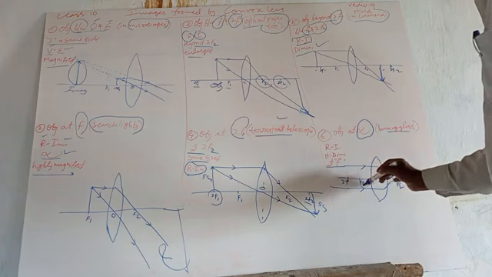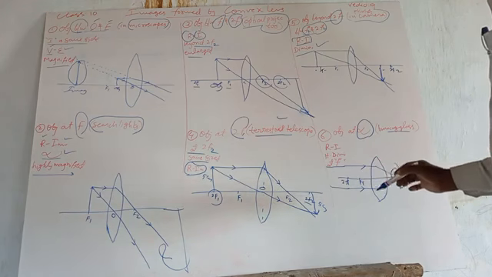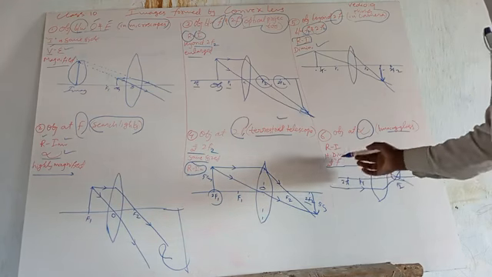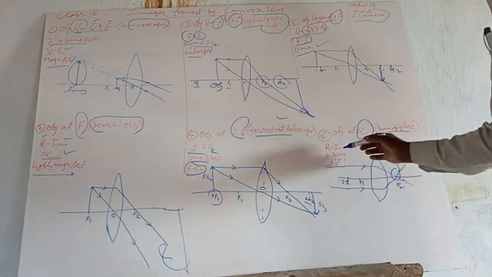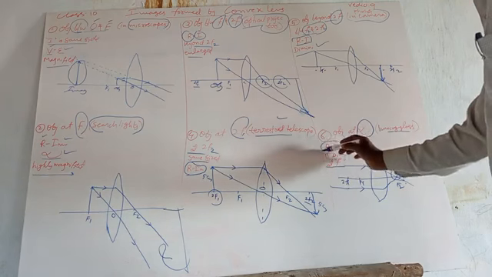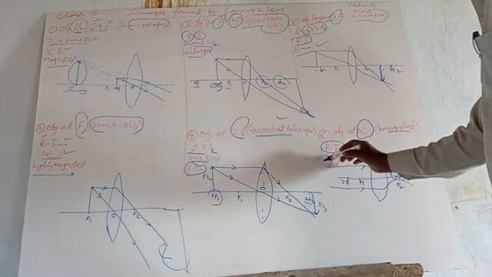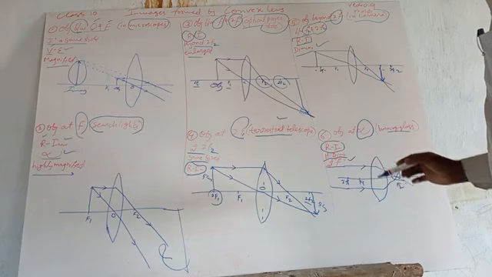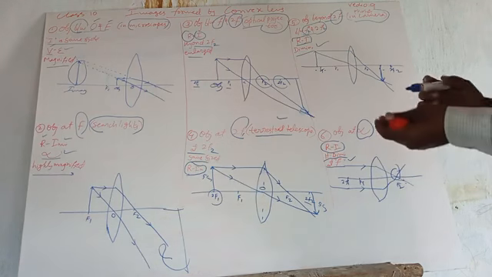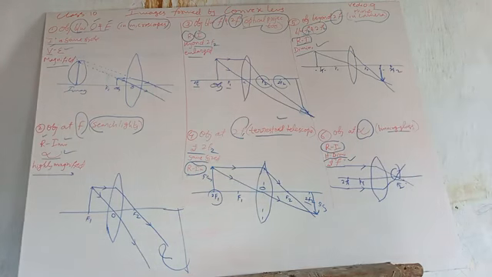So when the object is at infinity, its image forms at F2, and that is real and inverted, highly diminished, very small, and at F, that is at the focus point. Next, look here.